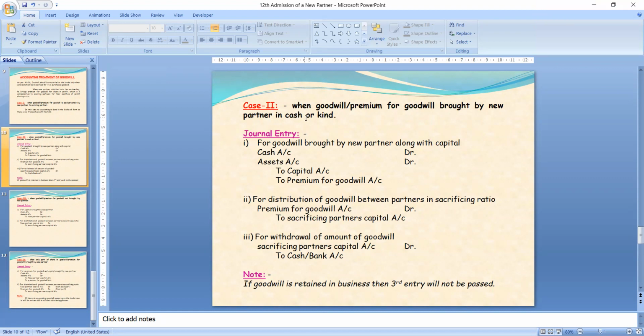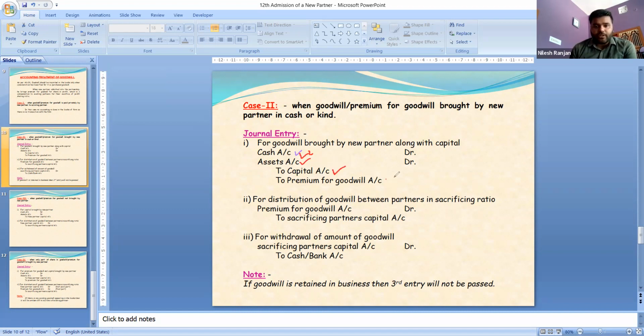So you can see here it is written: cash account debit, assets account debit to new partner's capital and to premium for goodwill.